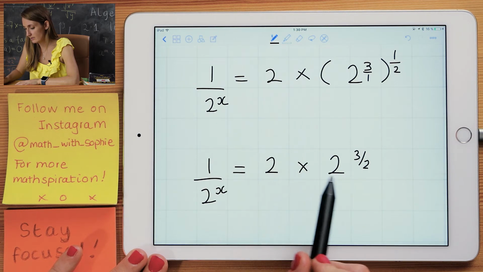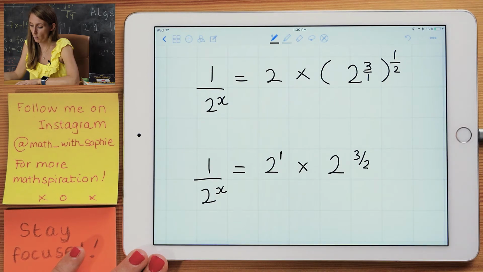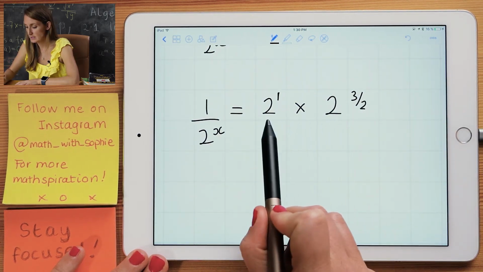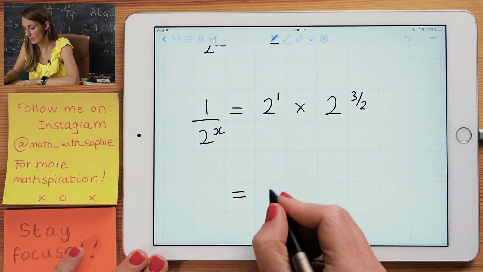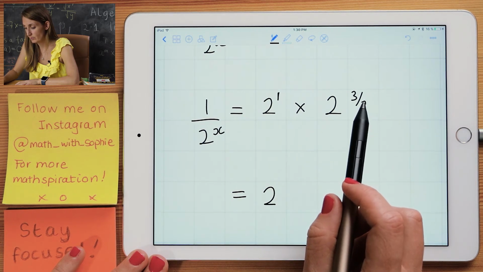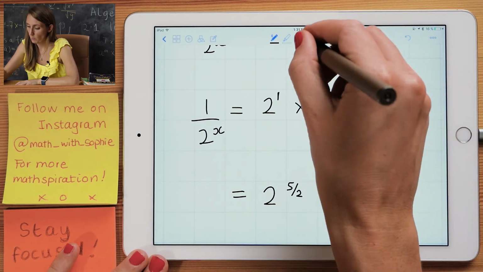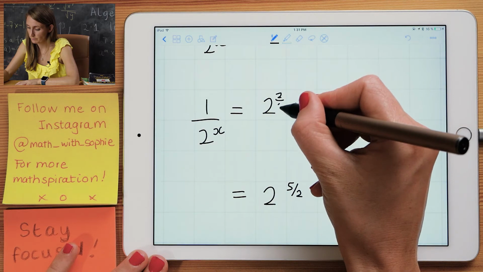If there is no power written, 2 is the same as 2 power 1. So when you multiply indices, you add the powers. So on the second line, I'm going to do 1 plus 3 over 2, which will be 5 over 2, because 1 will be the same as 2 over 2.